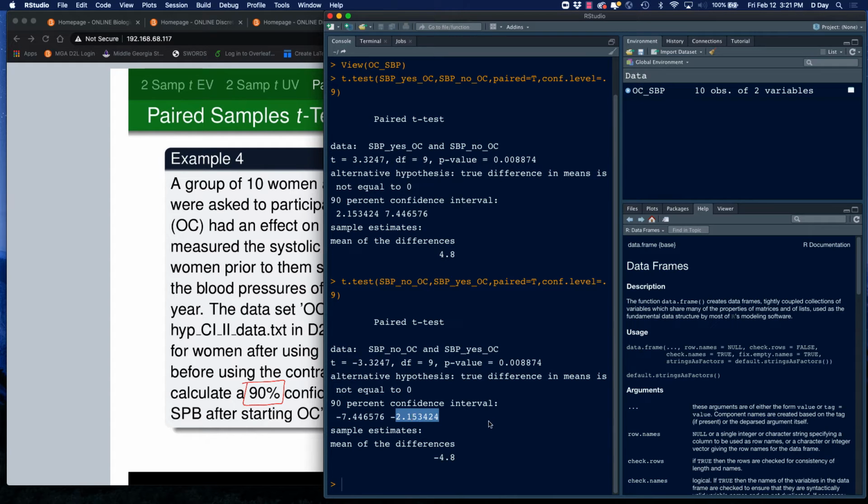The test statistic value that we got is negative instead of positive, but it's identical in value. All right, and then the values here are negative and negative. So much like in the 2-sample independent test, when we put the yes group second, that relates to the fact that both confidence interval values are negative. Relates to the fact that the yes group had higher blood pressures than the no group. All right, this is kind of a known fact that oral contraceptives in women do have a tendency to increase systolic blood pressure, and that's what was going on with this study.